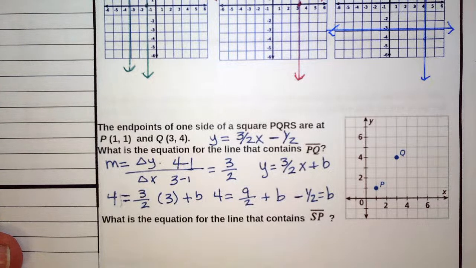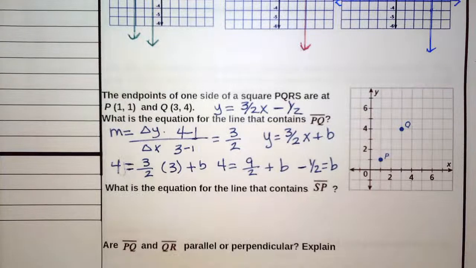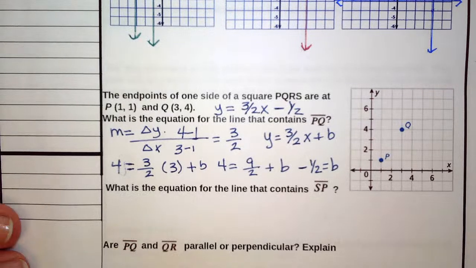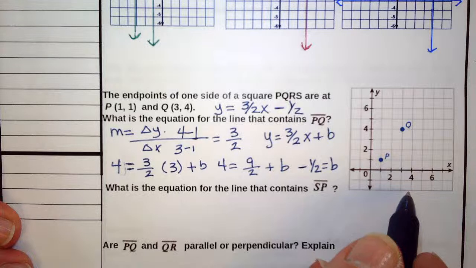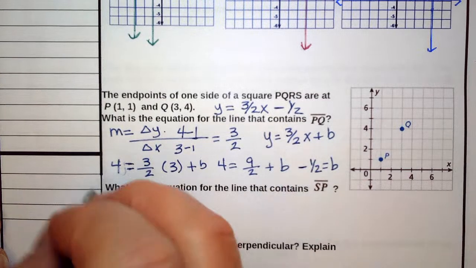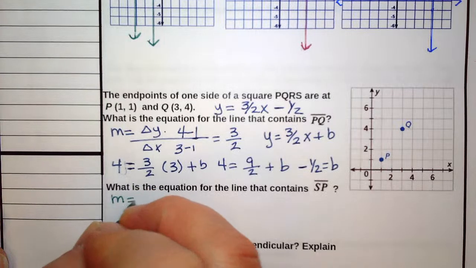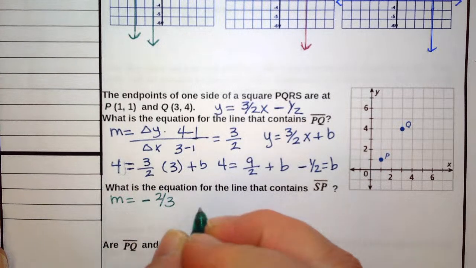Okay, what about the slope of the line that contains SP? Now, we know that if that's the corner, the sides intersect at a 90-degree angle. So we're looking for the opposite reciprocal of 3 halves. So this will become negative 2 over 3.